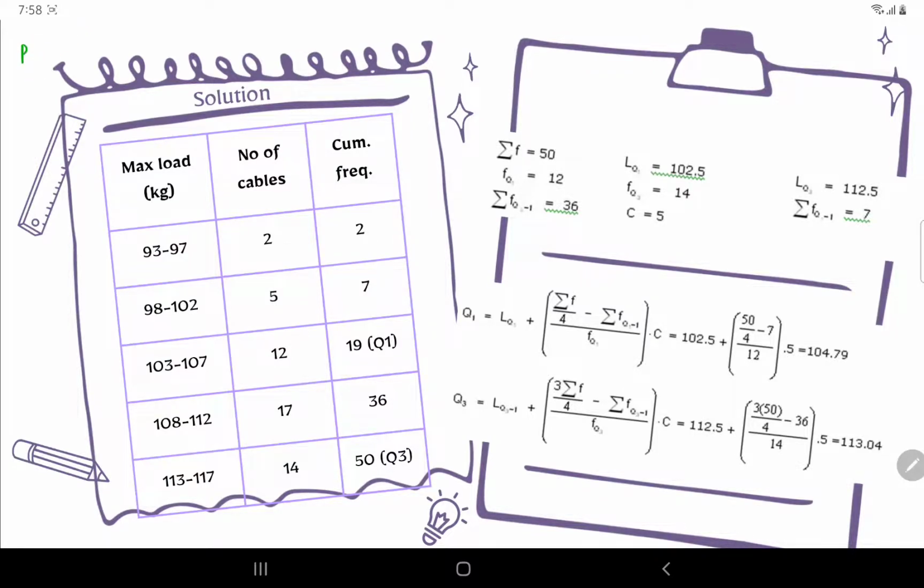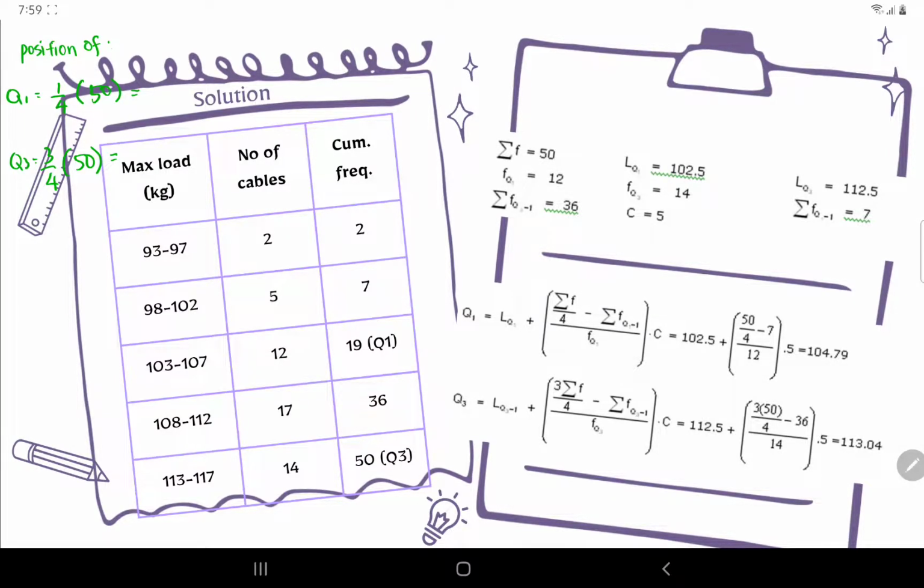Position of Q1, 1 over 4 multiply with total of frequency, which is 50. Q3 is 3 over 4 multiply with 50. Okay, take the calculator.